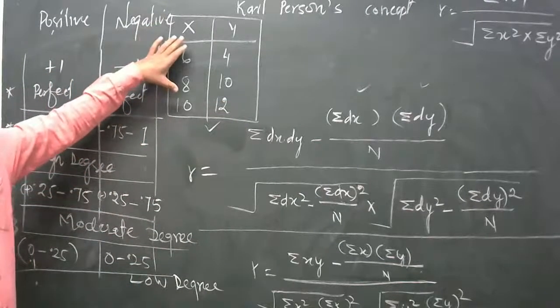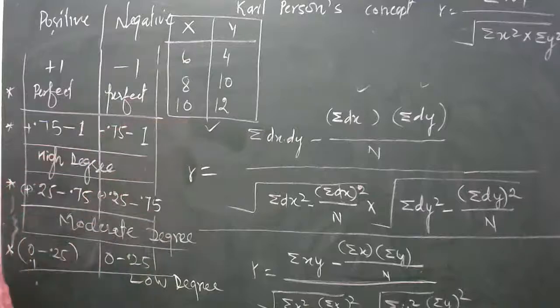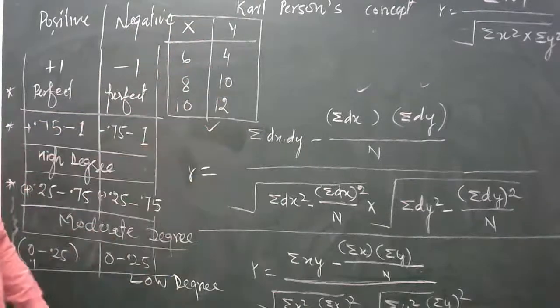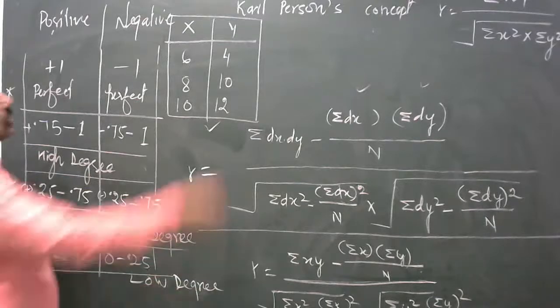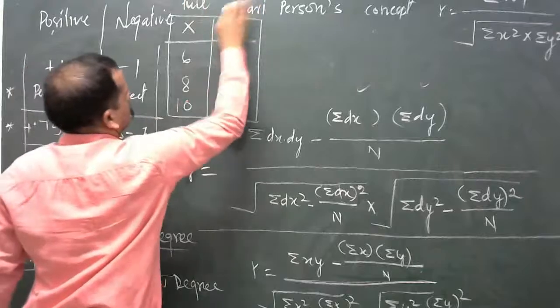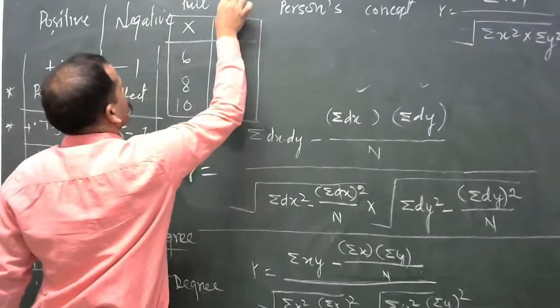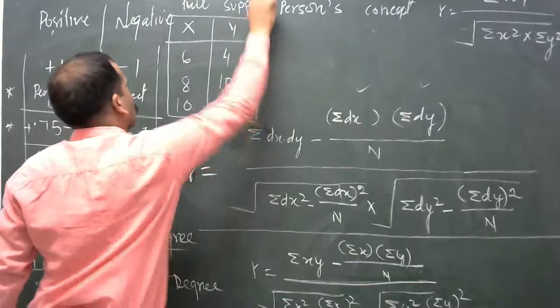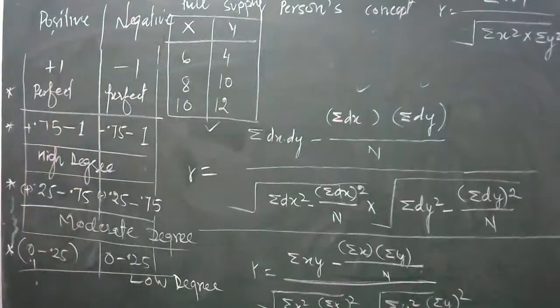Find out the correlation between price and supply. Y variable for supply, X for price value.